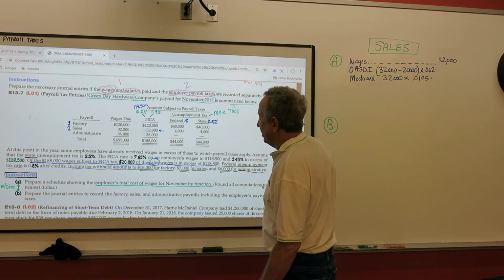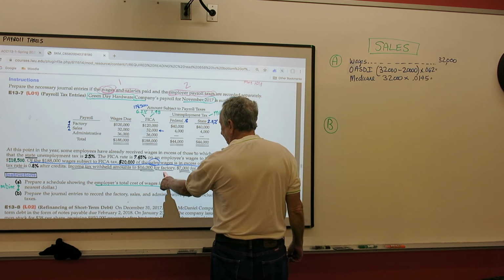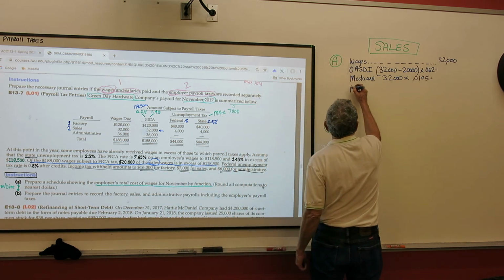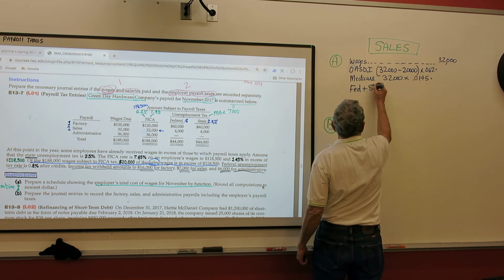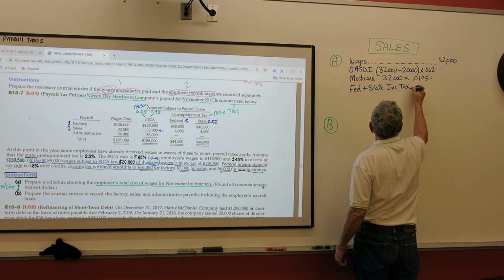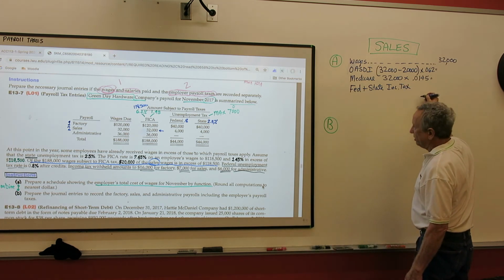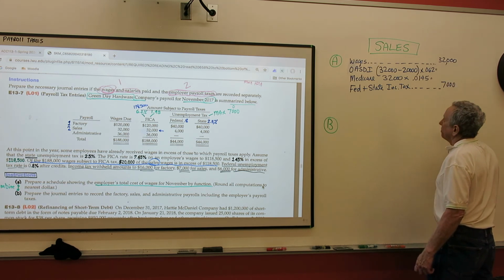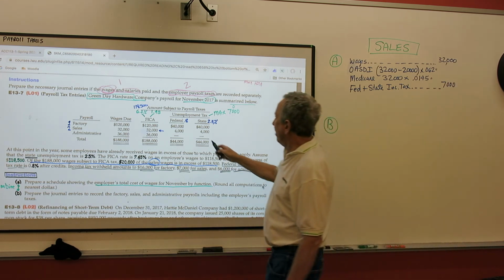Then what do they say about the income tax? They said for sales, they have $7,000 of federal and state income tax, and that's 7,000. So we'll just run that over. And then we have the unemployment.